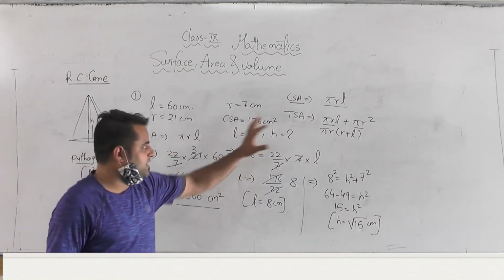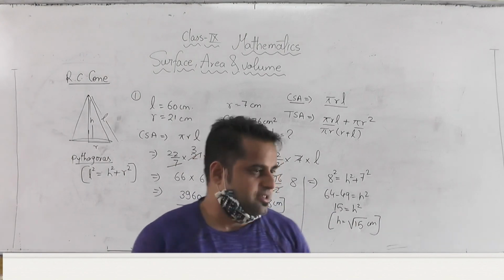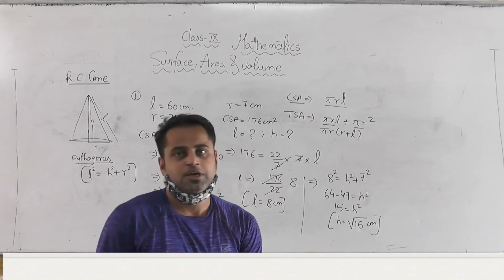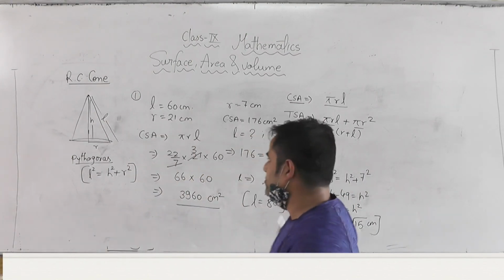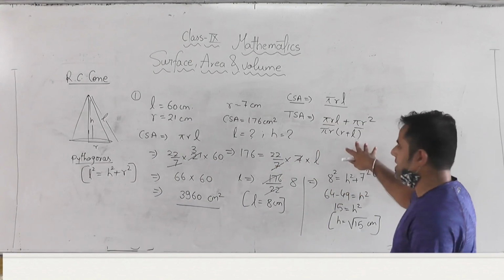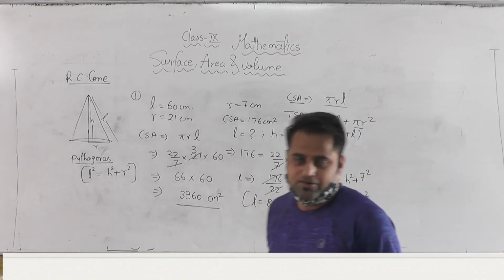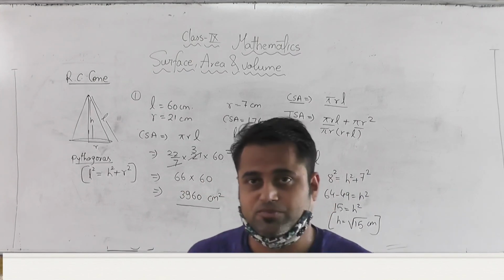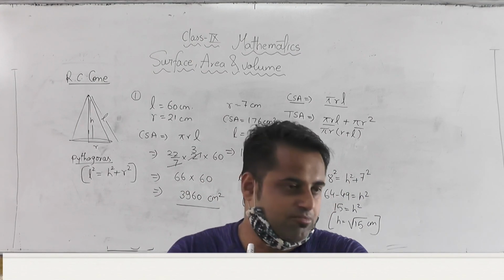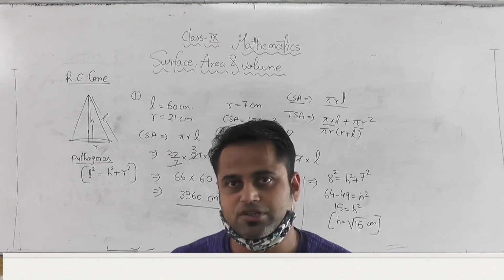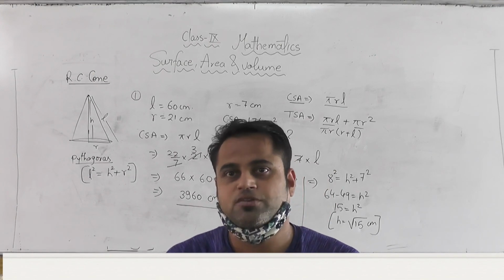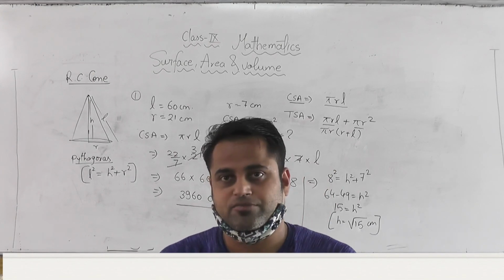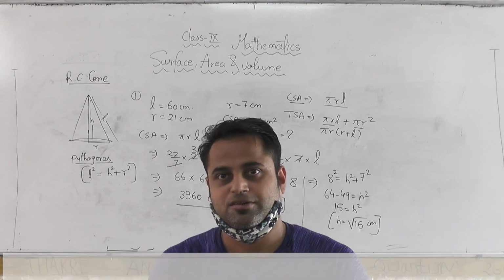This is how we find the slant height and straight height. This is the solution for the cone. The simple formula is pi R L for the CSA and pi R plus L for the TSA. Practice more and more questions. There would be some questions based on different types of cone. Just practice and learn more. Okay, thank you.